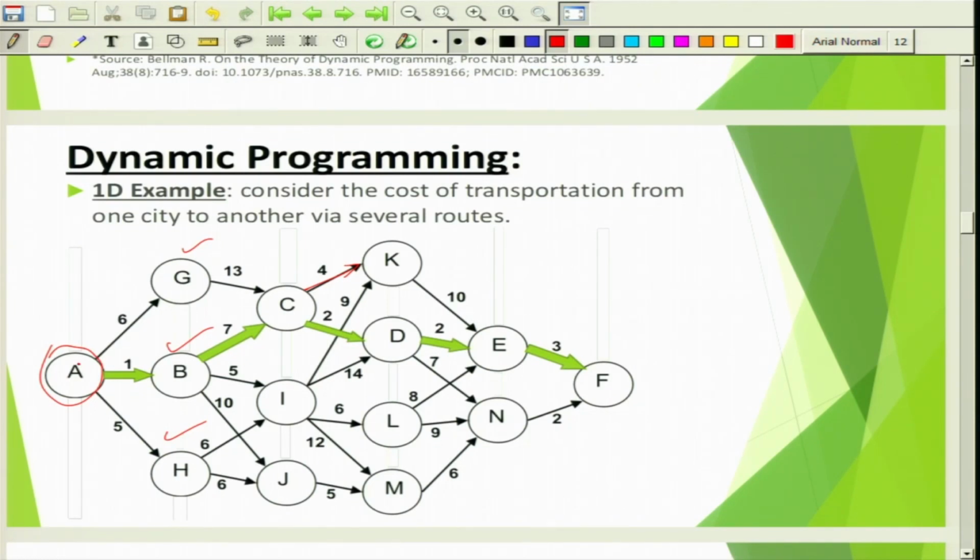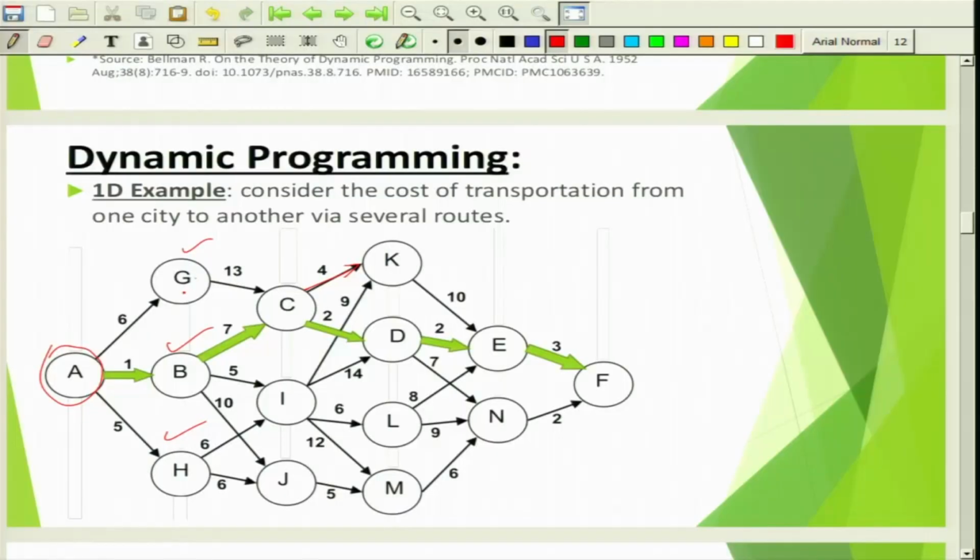So the minimum cost to arrive at G starting from A is 6. You can also take another way, if you are interested in the most uneconomical path, you can reach G going from A to B, from B to C, and then from C to G. How much does it cost? 1 plus 7, 8 plus 13, 21.